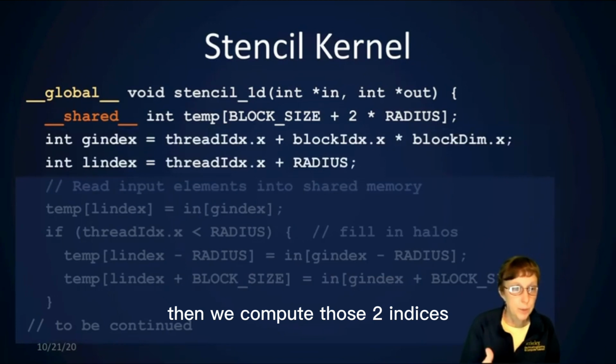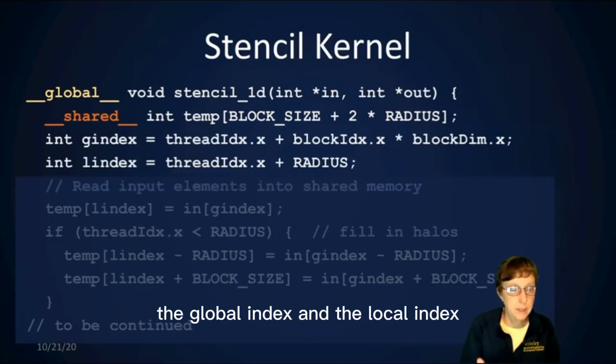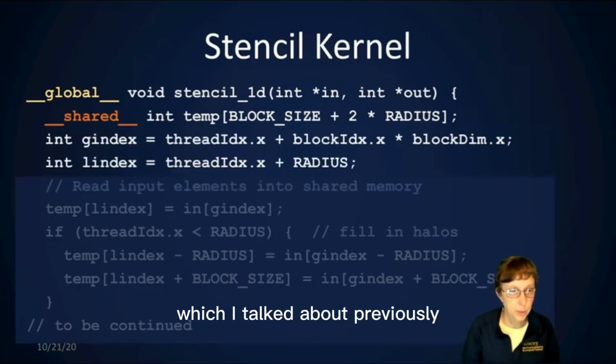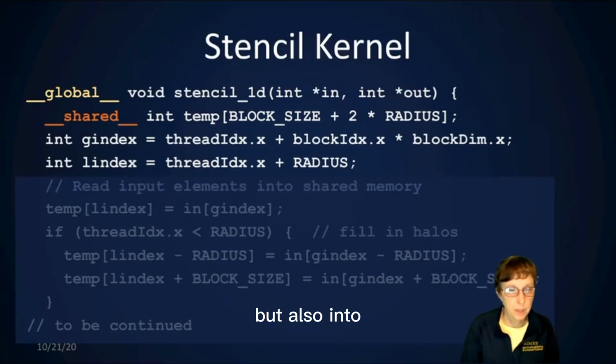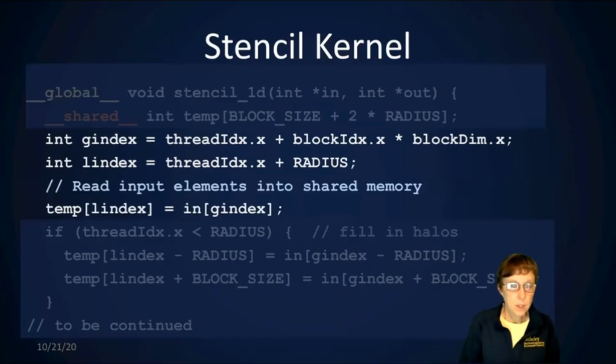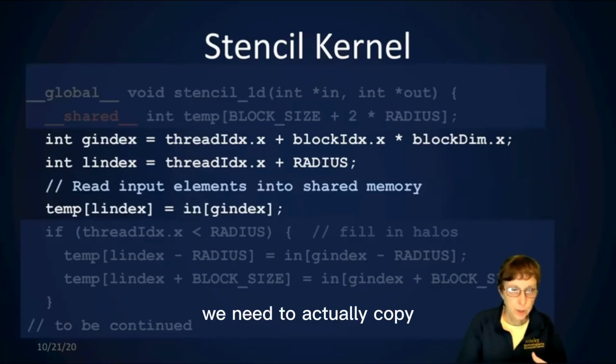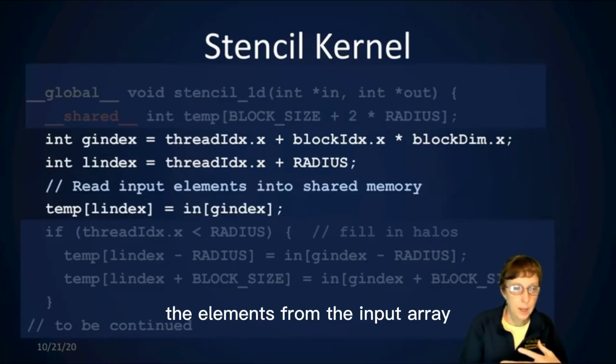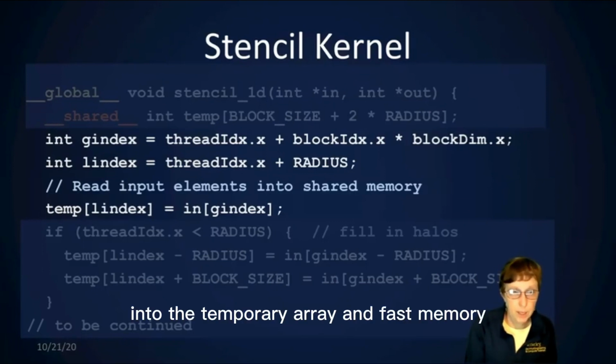Okay, then we compute those 2 indices, the global index and the local index, which I talked about previously, to point into the global array, the in array and the out array, but also into the temp array, which is the local index, the L index. So we need to actually copy the elements from the input array into the temporary array in fast memory.